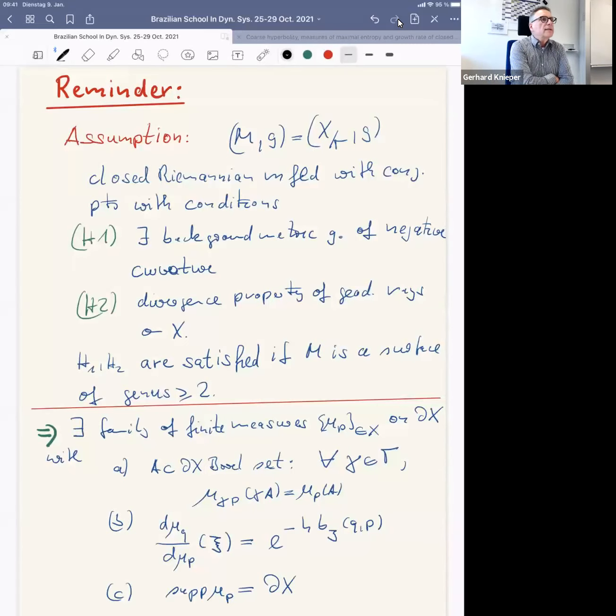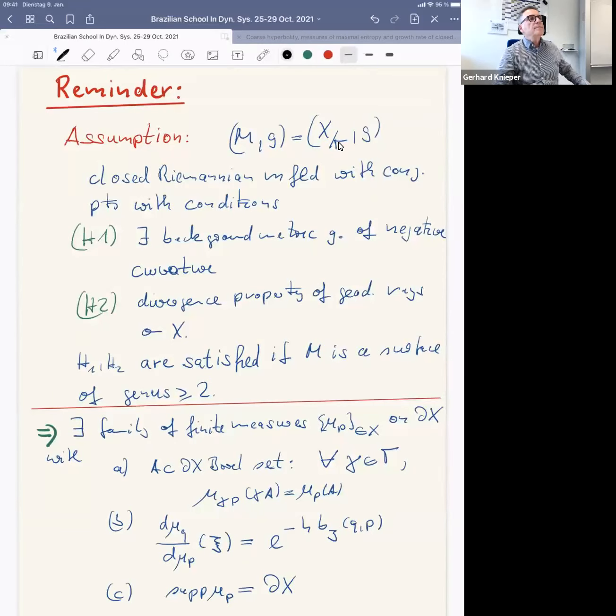Before I really start, let me remind you what we did so far. There was a standing assumption on the manifold which we consider. We have a closed Riemannian manifold without conjugate points, and that means that we can represent it as X, which is a universal cover, diffeomorphic to R^n, where n is the dimension of M, modded out by a discrete group of isometries.